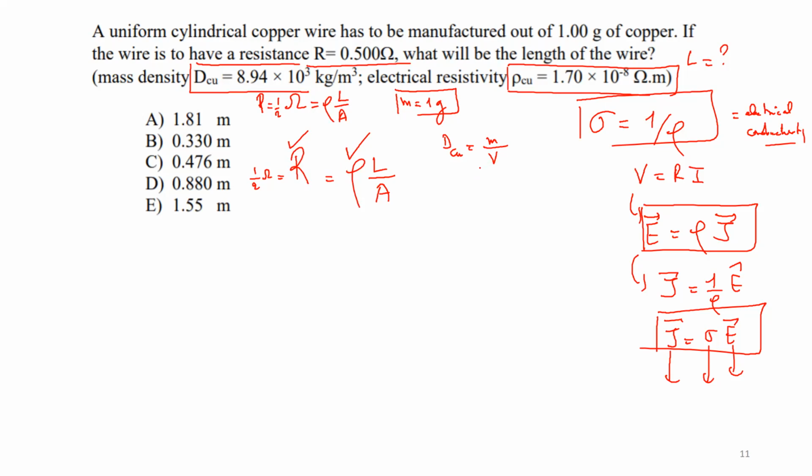But here I want it to be uniform, cylindrical. So this should be my cross-sectional area, of course, it's pi r squared, and this is the length. So the volume is just cross-sectional area multiplied by the length. Let me call it capital L.